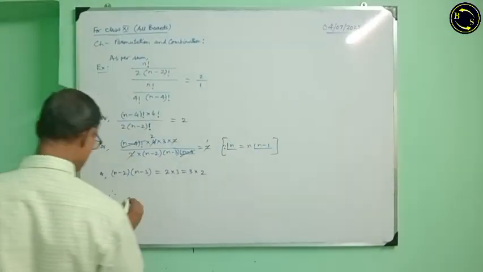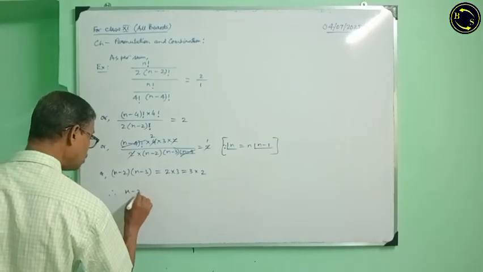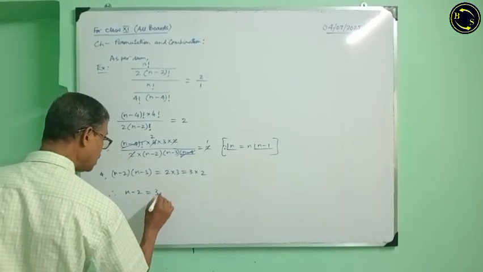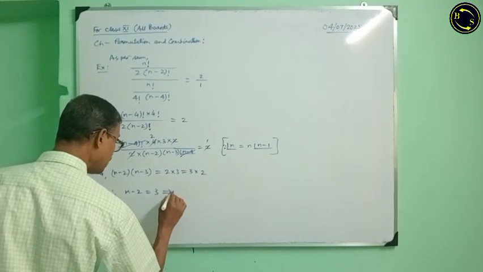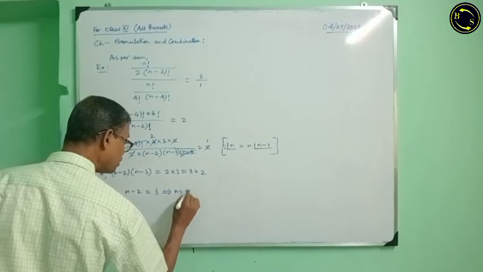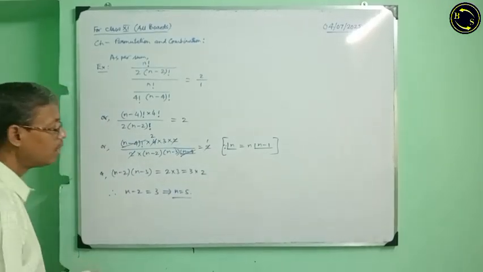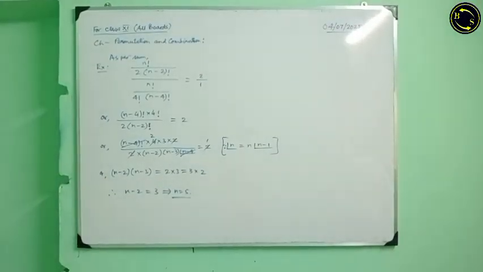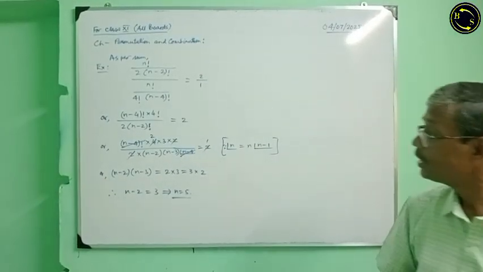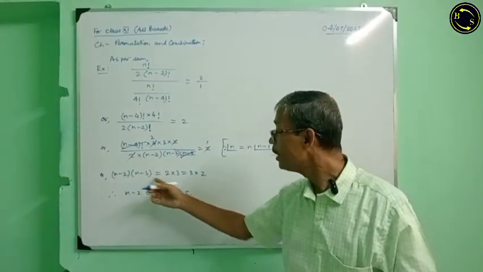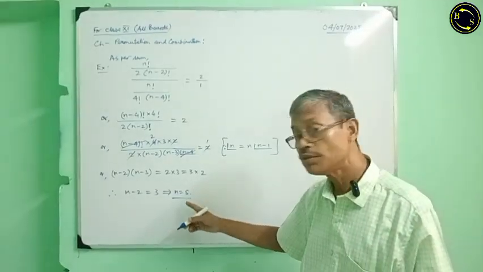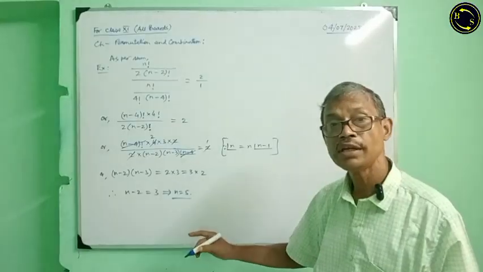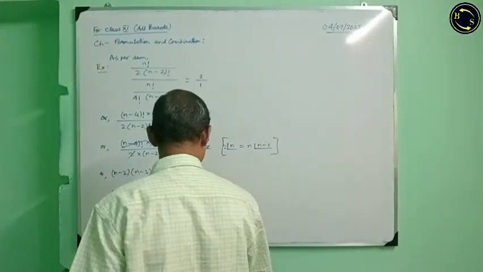Therefore, n minus 2 is equal to 3. From that, n equal to 5. Now you see, in this case, you can find also the value of n in this way, alternatively.